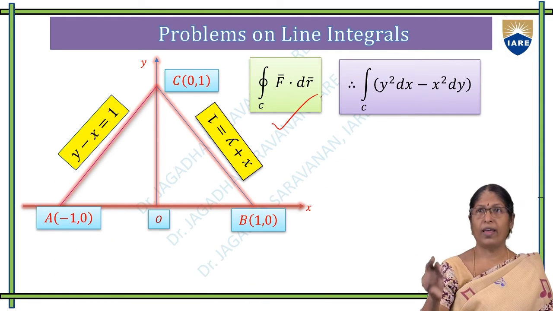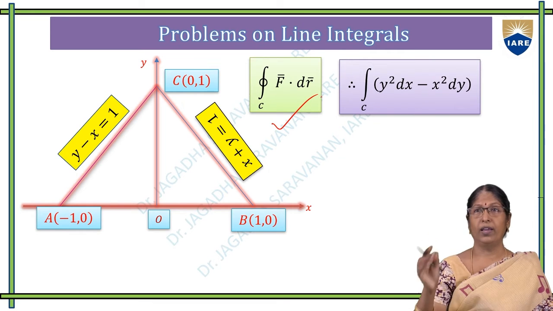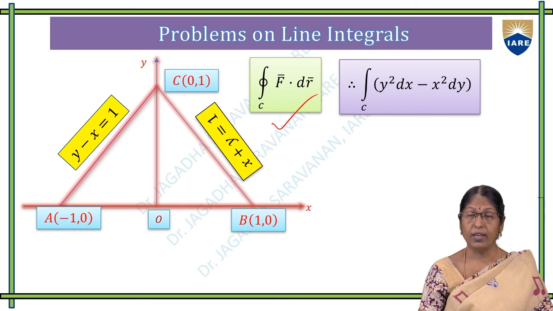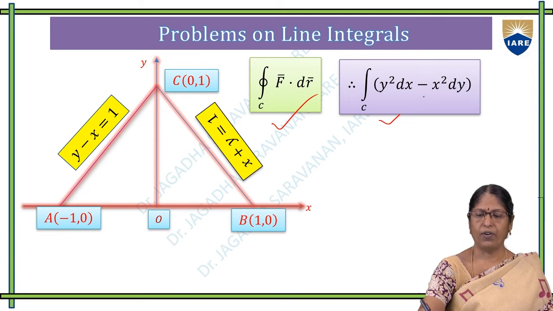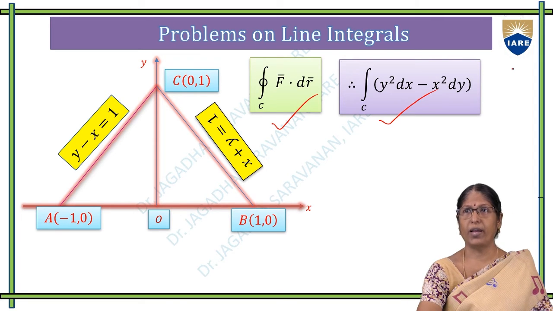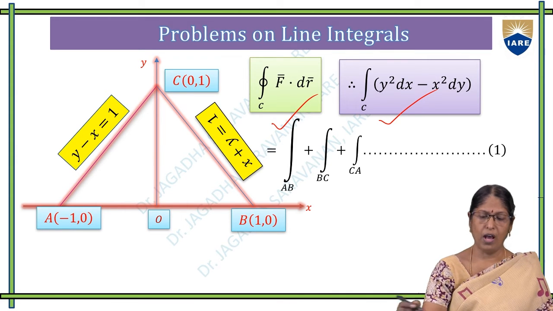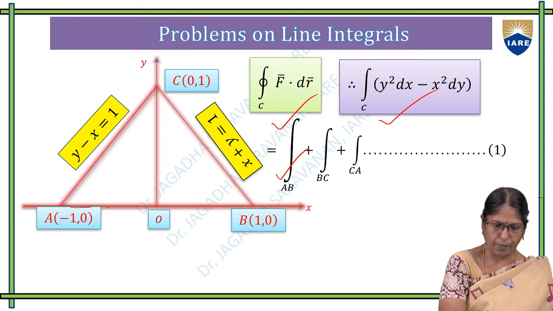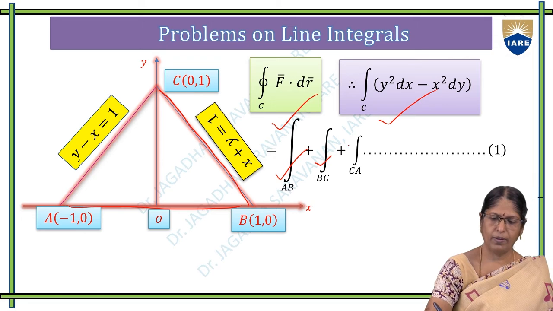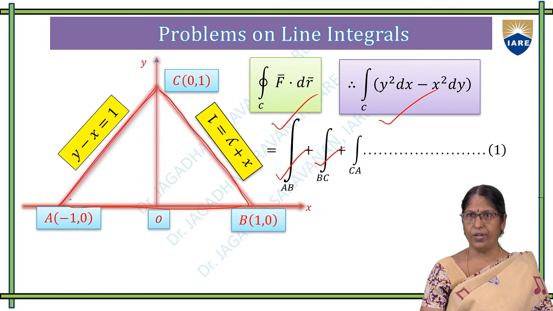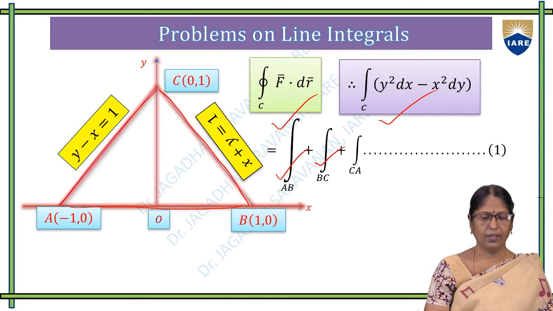This is our line integral formula, integral over C of f dot dr. This is our function, y square dx minus x square dy. Now along AB, along BC, along CA, we completely did.